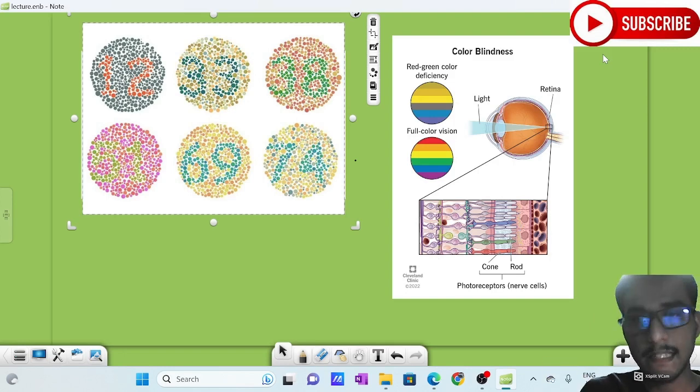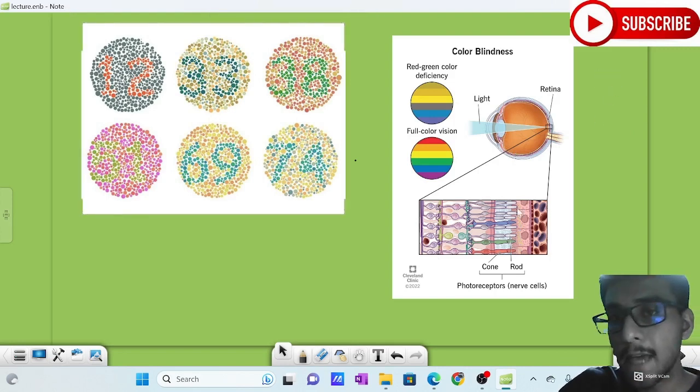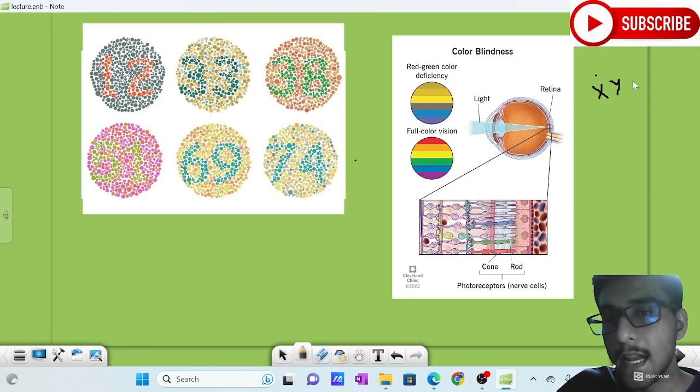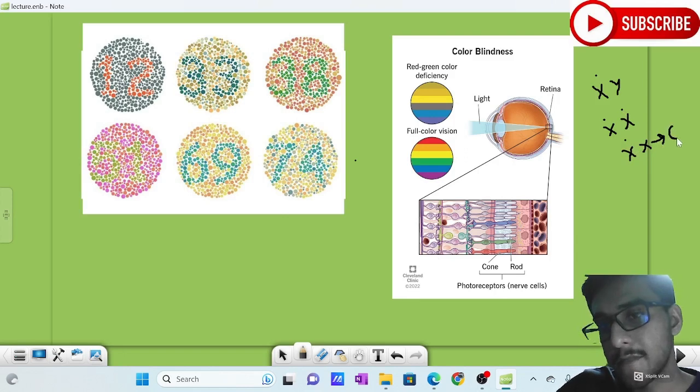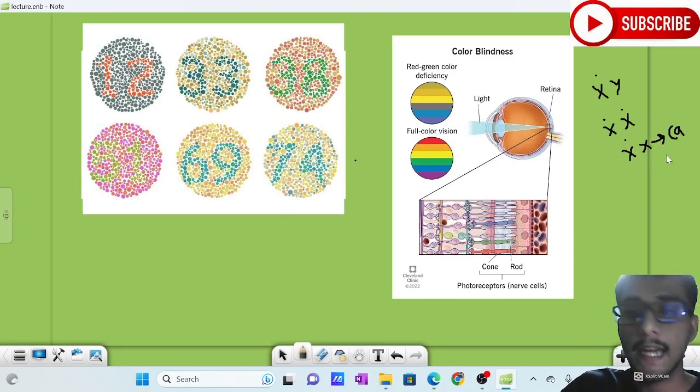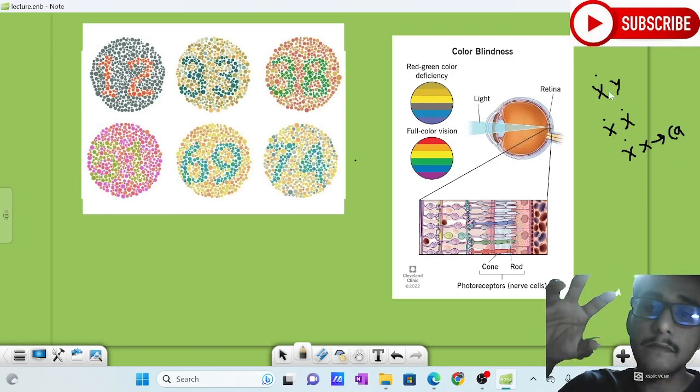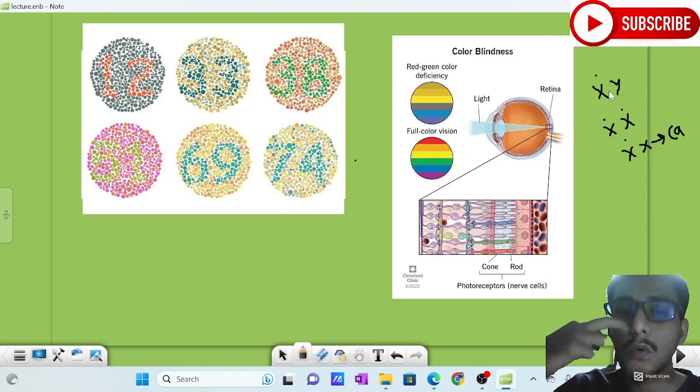If he is a male, he will have X, Y, and this will be the condition of a male, and the condition of a female will be like this. What happens in a female with this genotype? She is not colorblind, but she is a carrier, because in the next generation she can transfer the disease. Okay. So this concept is very much to be set in deep. If there is need for it, we will be discussing it while we are doing the questions.